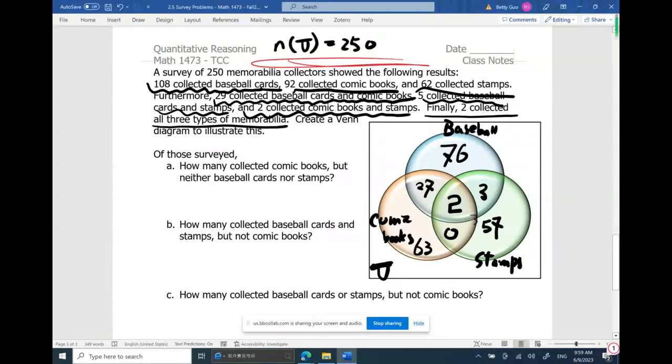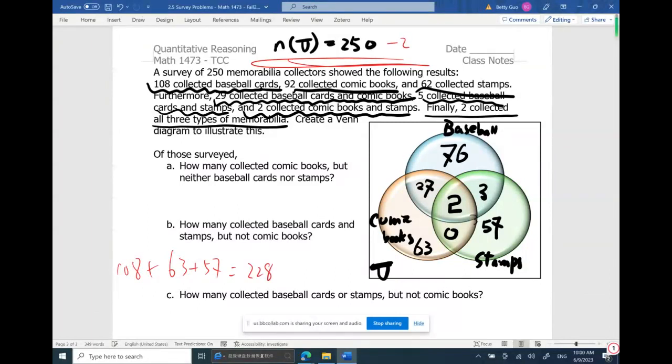In total, we have 250 elements in the universal set. Let's count how many survey respondents collect at least 1. So we have 108 here, 63 here and 57 here, and that is 228.